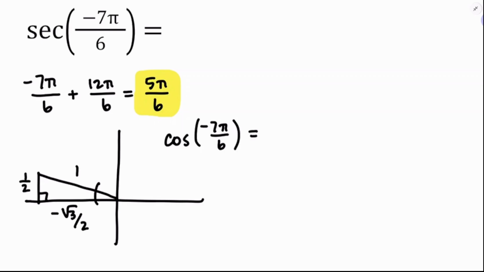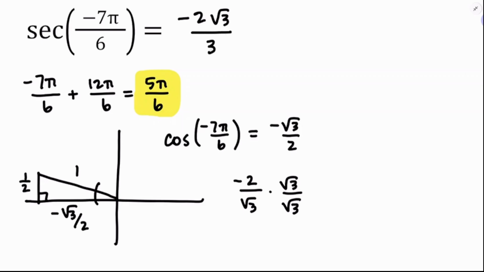That's going to be adjacent over hypotenuse, negative root 3 over 2. As a result, secant of negative 7 pi over 6 will be negative 2 over the square root of 3. I might be interested in rationalizing the denominator there. I'll get negative 2 square root of 3 all divided by 3.